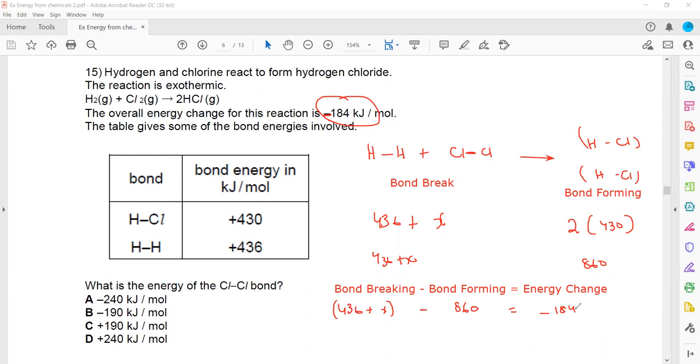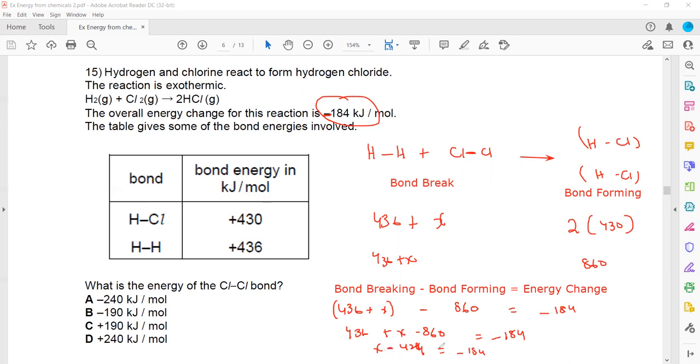Now when we solve for X, 436 plus X minus 860 is equal to minus 184. When we solve 436 minus 860, it is minus 424. So X minus 424 is equal to minus 184.